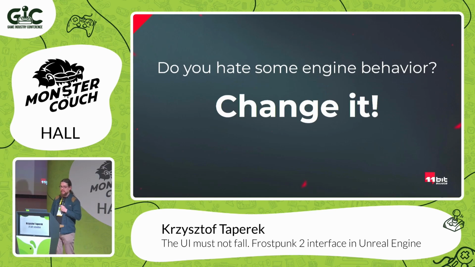We shouldn't think about the engine as something finished, closed, and optimized, and ready to use in every way, because there is a lot of code that is outdated or not really properly refactored, and in UI it's really common to just see some code from 10 years or even more.